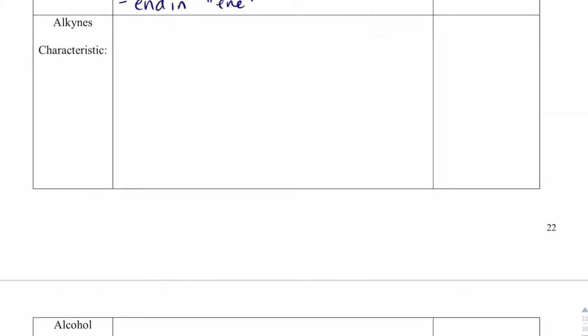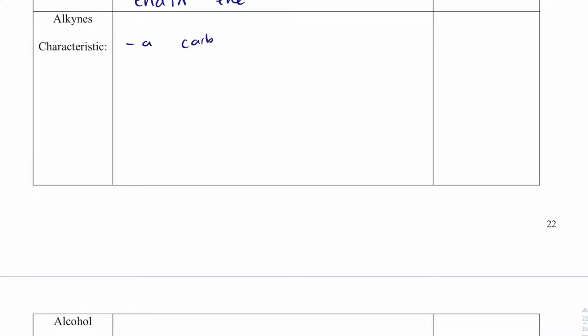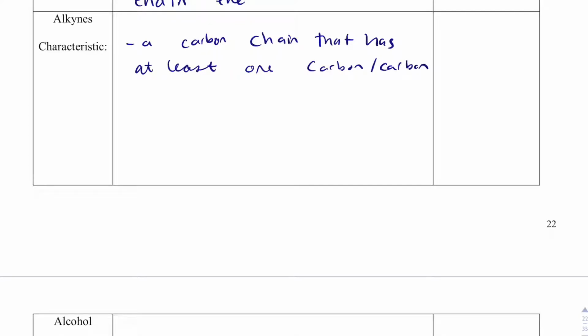Okay, alkynes. Alkynes are going to be a carbon chain that has at least one carbon-carbon triple bond, and they're going to end in yne.